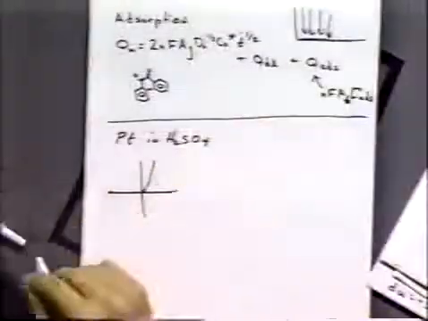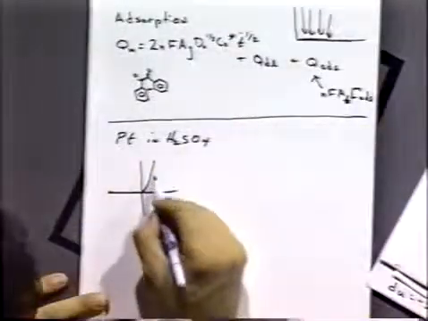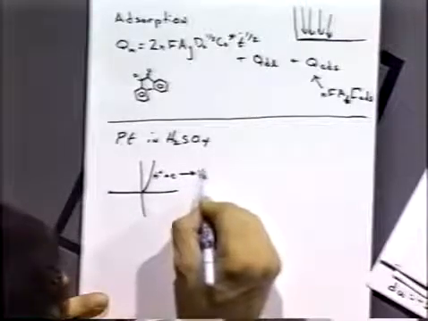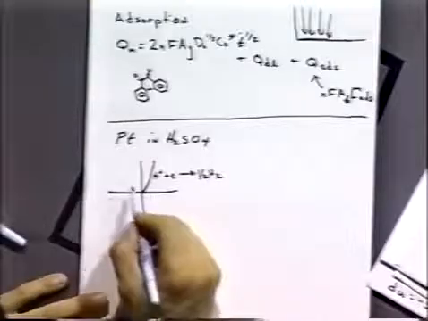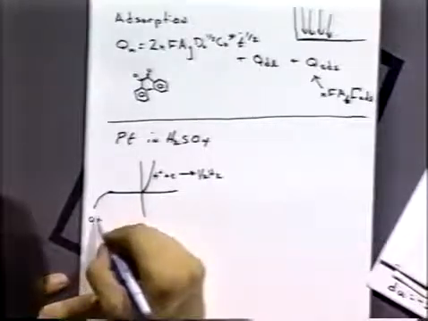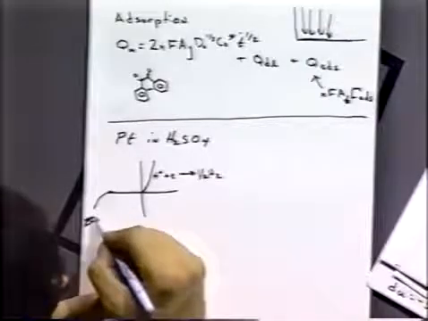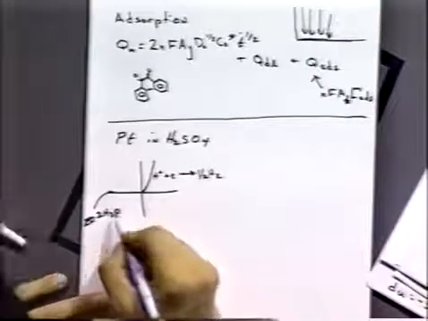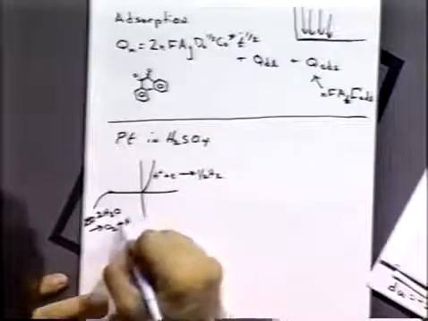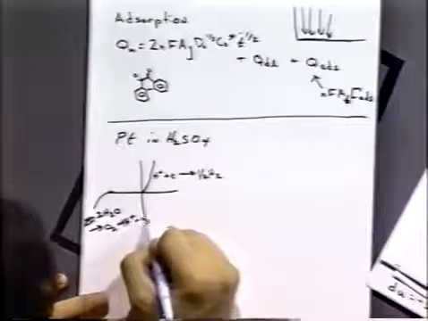So if we do a current potential curve, we see a current that really takes off. That's the reduction of protons to hydrogen gas. And then at the other side, we see oxidation of water to form oxygen gas plus protons plus electrons.